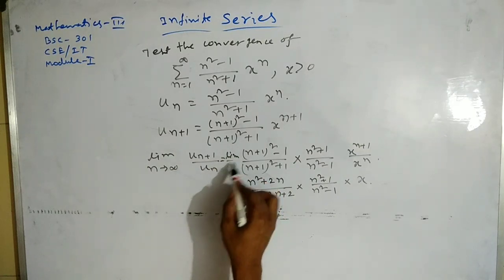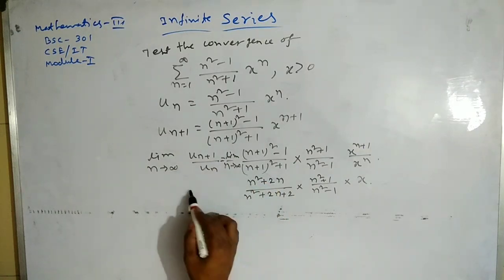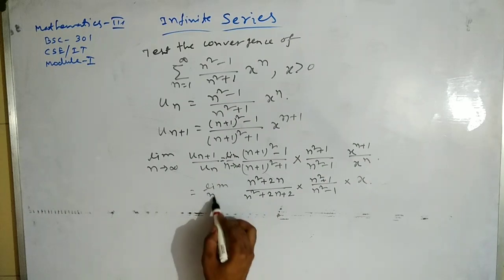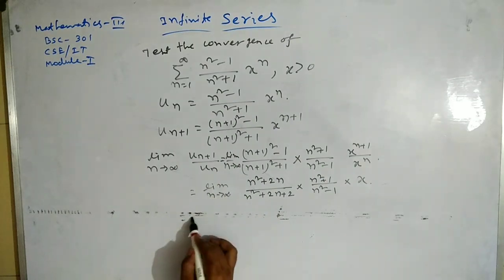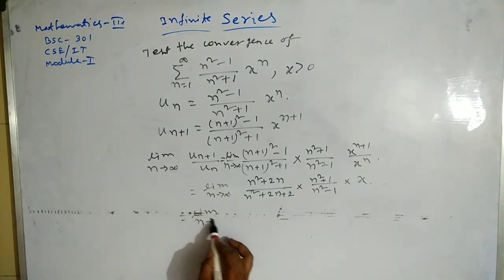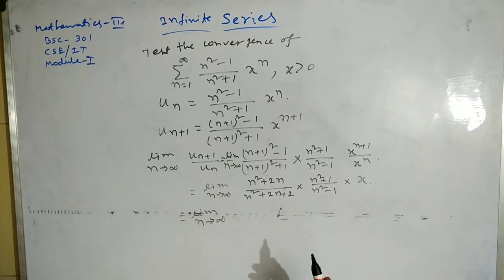I forgot to write limit n tends to infinity. Limit n tends to infinity. Now this is equal to limit n tends to infinity. We are dividing by n², that is n to the power 4, in the numerator and in the denominator.